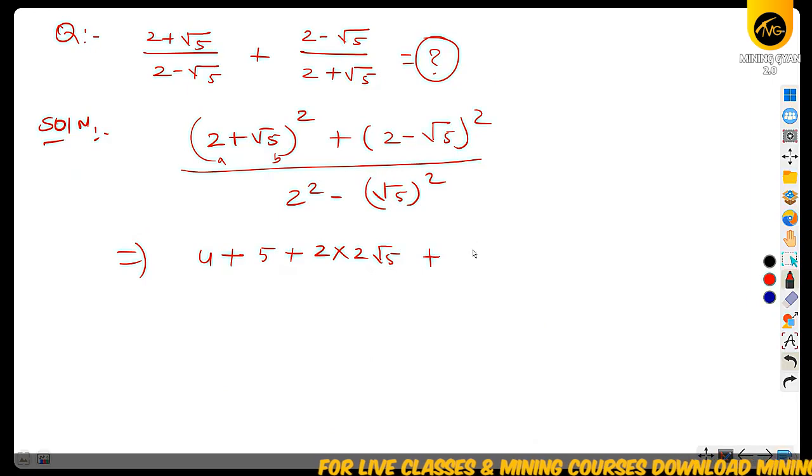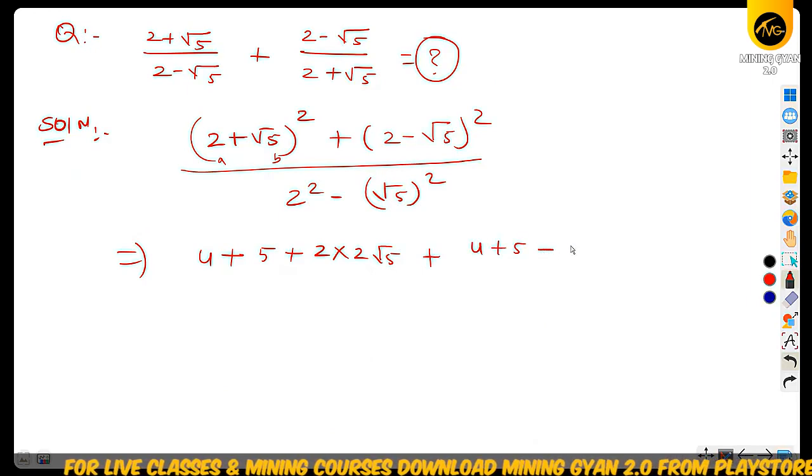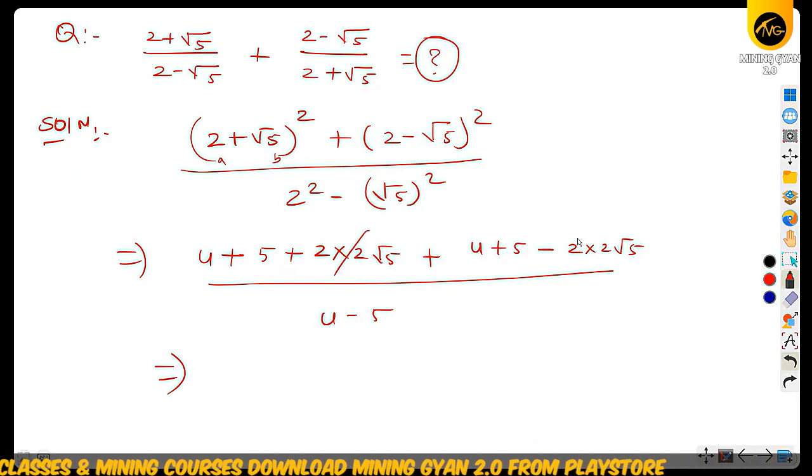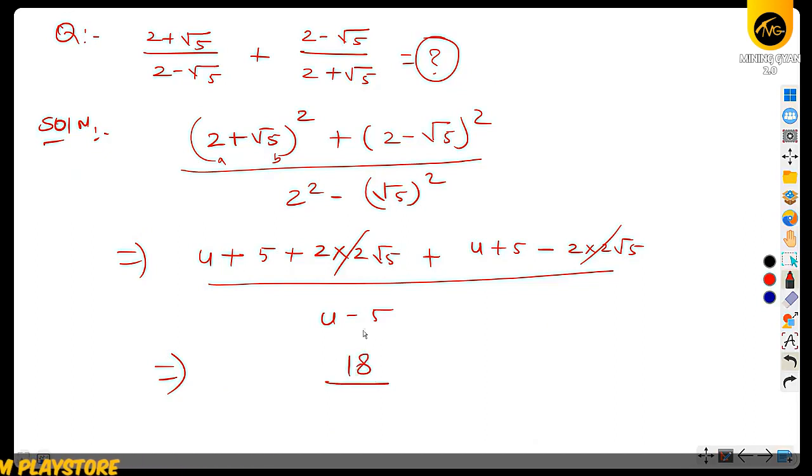Now the plus 4 plus 5, this time minus 2 into 2 root 5, and the whole divided by 4 minus 5. Now just cancel out the 2 into 2 root 5 and 2 into 2 root 5. Now we have 4 plus 5, 4 plus 5, that means 9 plus 9, it means 18 divided by 1.